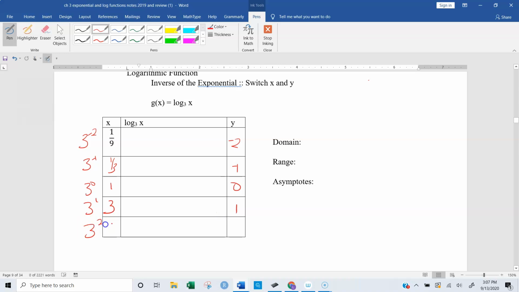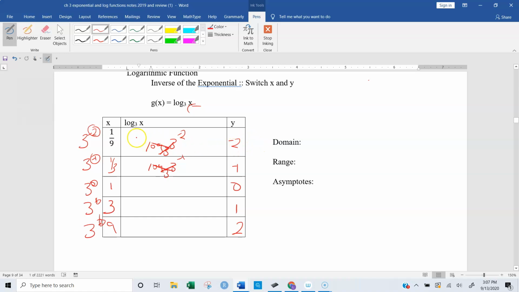And then 3 squared, or 9, is going to be 2. Remember, it's equal to all of your exponents, because when you plug them in here, log base 3 of 3 to the -2 cancels, right? Log base 3 of 3 to the -1 cancels.